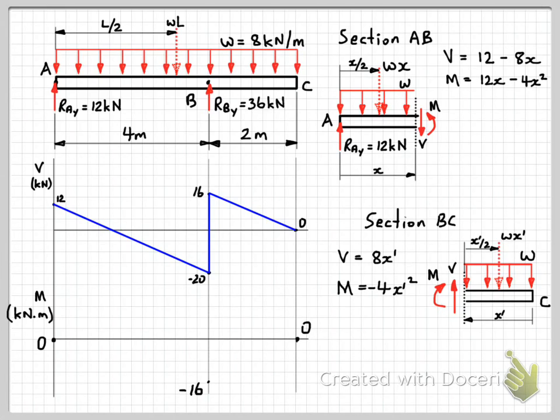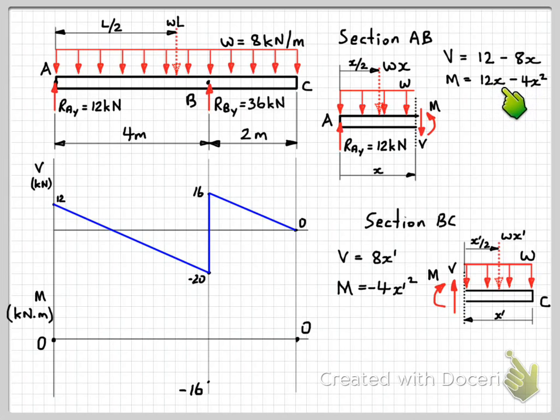Before we draw the bending moment diagram, let's consider the fact that our bending moment equation here is a quadratic equation, and look at the way it's going to go, whether it's a parabola that goes like this, or whether it goes down like this. Let's have a look at some intermediate values. Let's say we put x equals 1 into this equation.